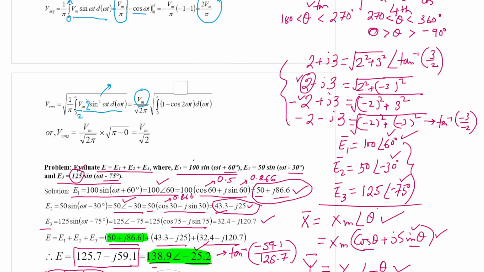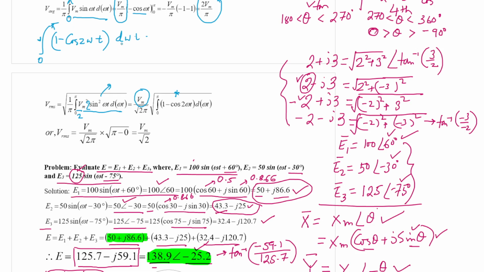So this part is 1 minus cos 2 omega t, integration from 0 to pi.